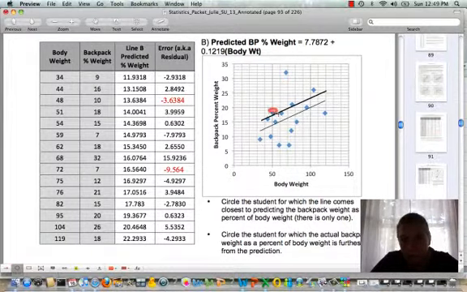So I think that's right around here on the graph. It's hard to tell. And then the furthest is, judging from our residuals, the student who is at the body weight of 68. So that's up high on the graph. Okay, and I'm going to adjust my circle. Good. And now we can go down and go to page 94 and look at line C.